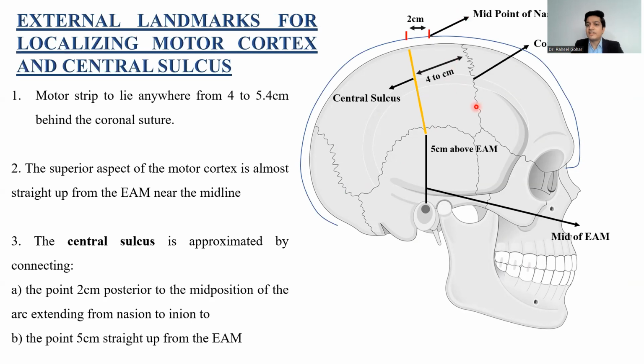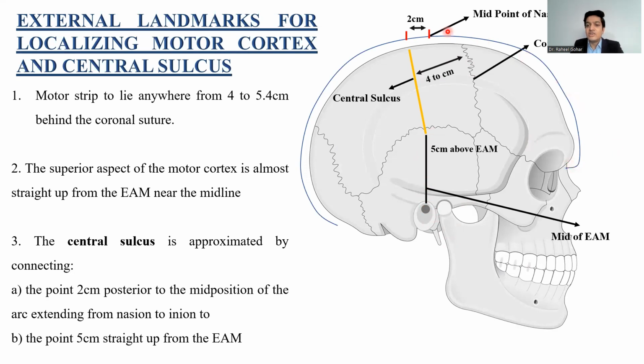Now for example, you have exposed the skull. First of all, identify the coronal suture. If you go 4 to 5 cm behind the coronal suture, there you identify the central sulcus. So you can roughly say that the central sulcus is 4 to 5 cm behind the coronal suture. So this is the first way. Now the second way, simply draw a 5 cm line above the external auditory canal, as you can see here.